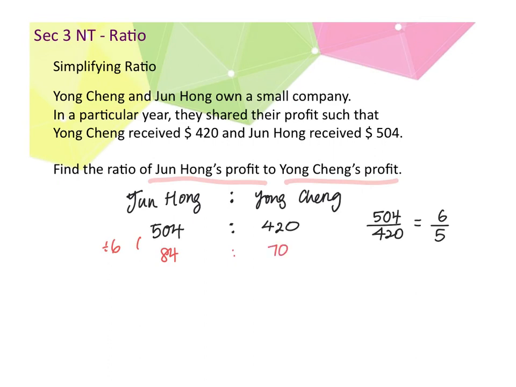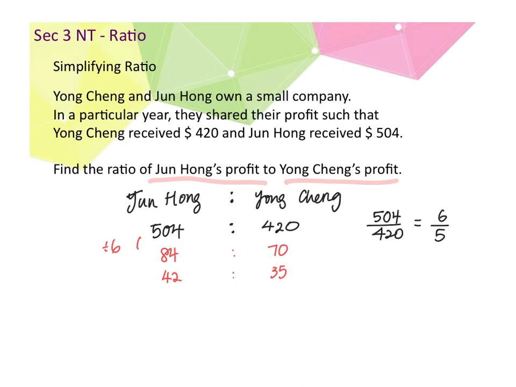Maybe I can divide by 4. Let's try. No, 70 cannot divide by 4, so I can only divide by 2. So 84 divided by 2 will give me 42, and 70 divided by 2 will give me 35.